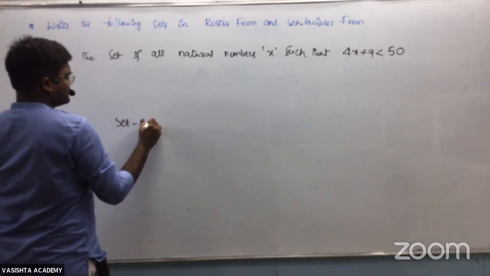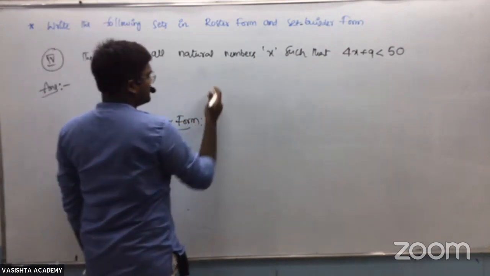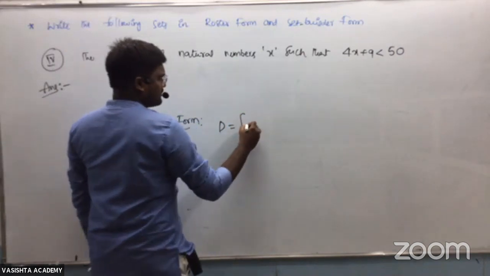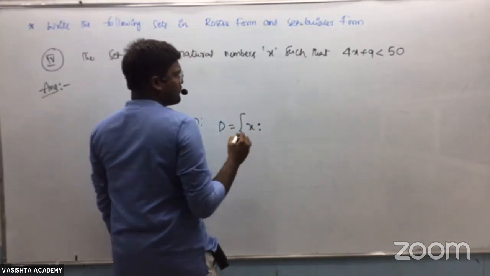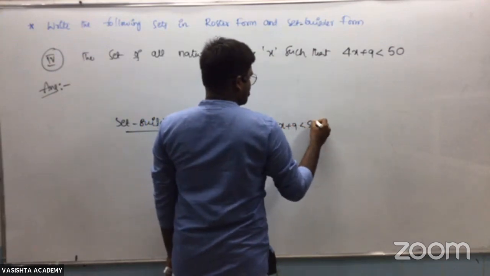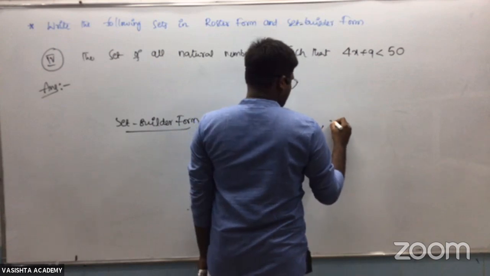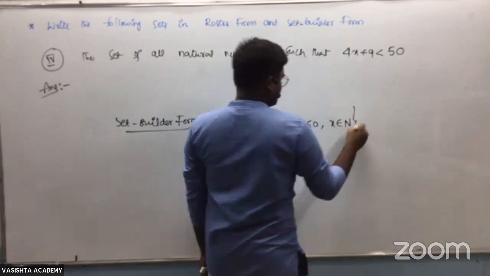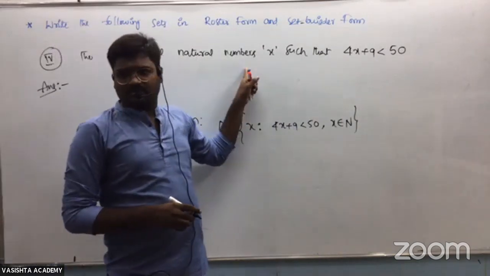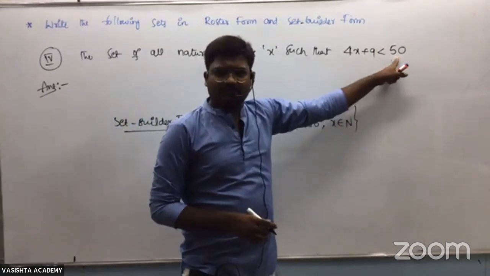Set builder form is very easy. You just have to write down the given statement as it is. If I assume this one as D, then D is the set of x such that 4x plus 9 is less than 50, where x belongs to N. Isn't it? x is a natural number which satisfies this property, 4x plus 9 less than 50.